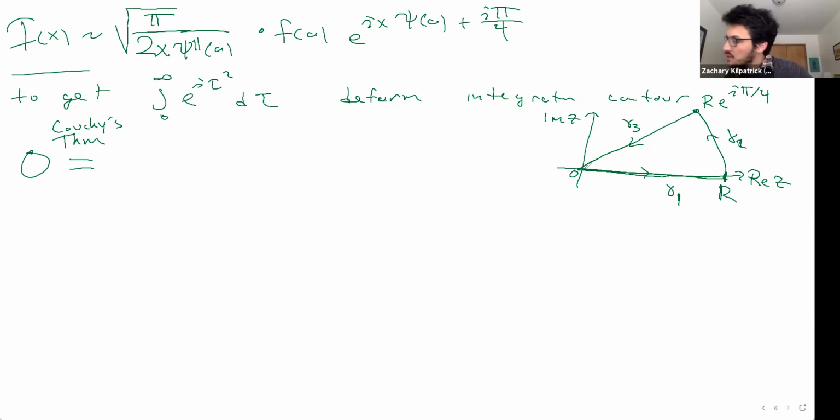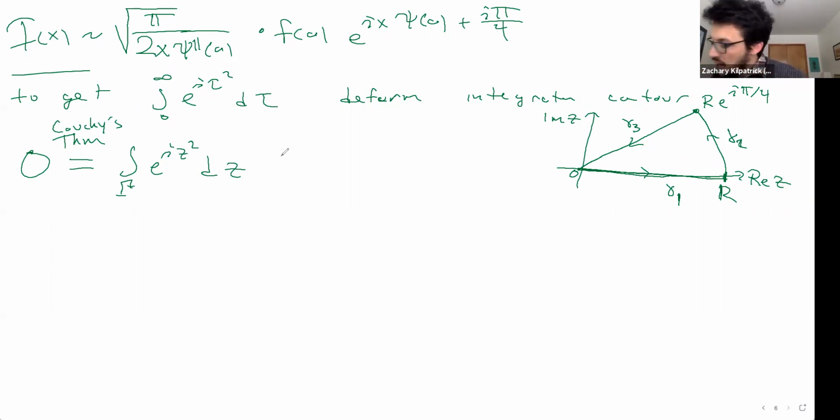This whole thing I'm going to call gamma, and I'm interested in computing e to the i z squared dz. By Cauchy's theorem, there are no singularities in here, so this whole contour integral should be 0. I can extract this integral by equating it to the remaining portions of the contour integral, and that will give me my desired result.